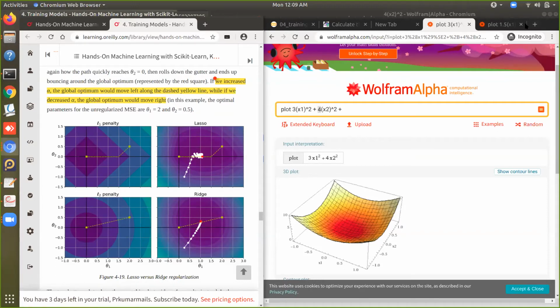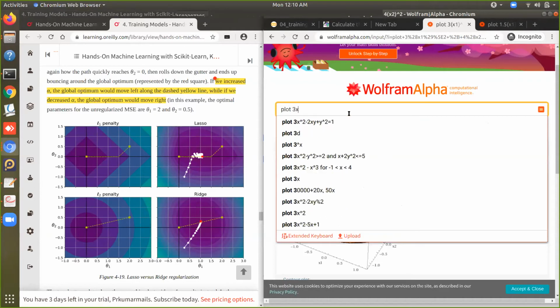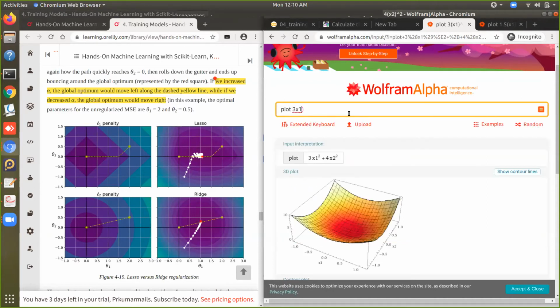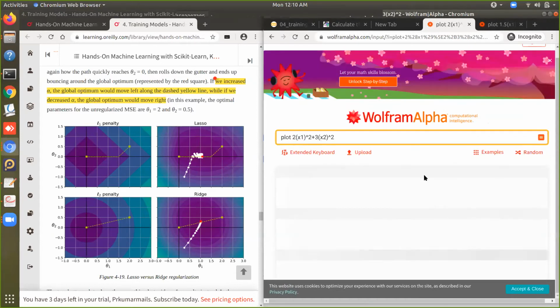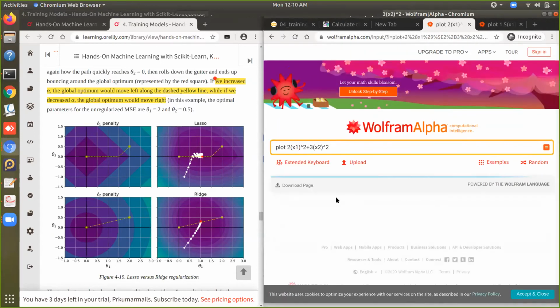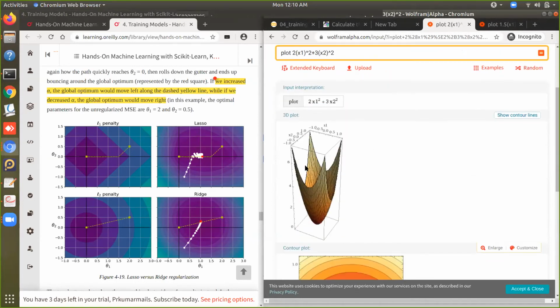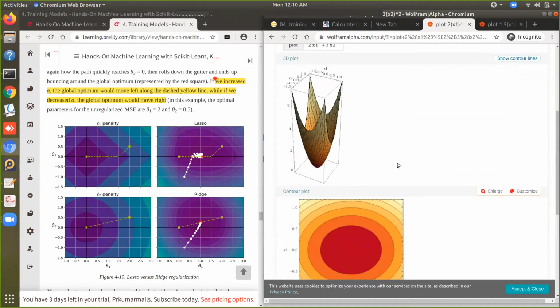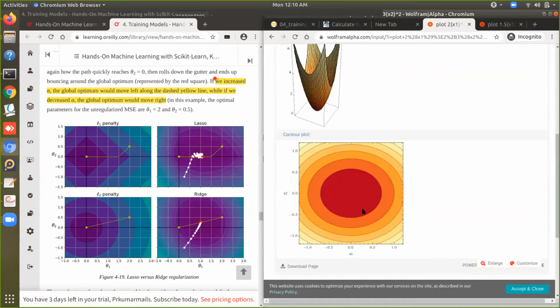If we see any equation of the form 2x1 square plus 3x2 square, it will look something like this. If we visualize it from the top, then we will get contours like this, so that's the plot that we are seeing here.